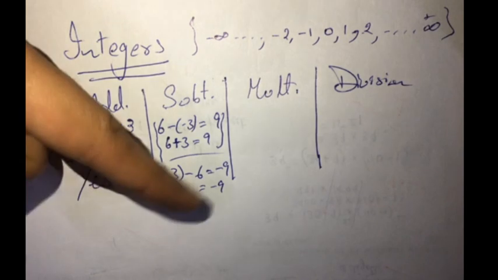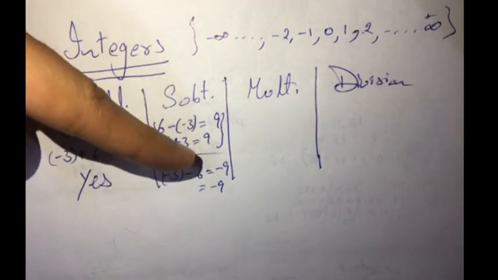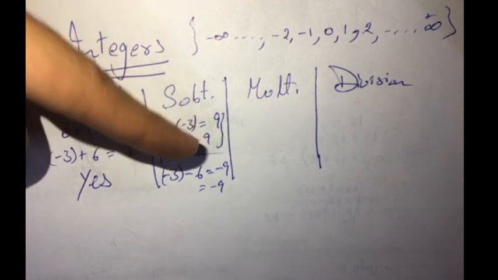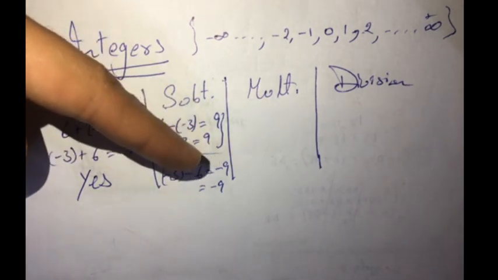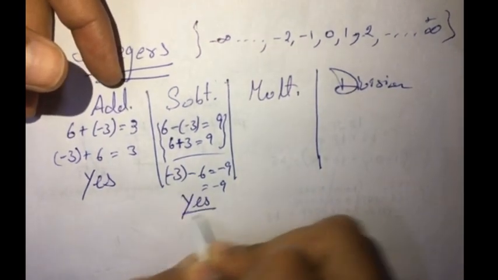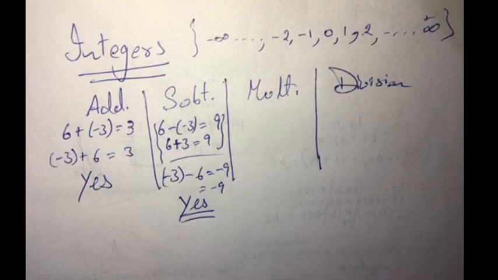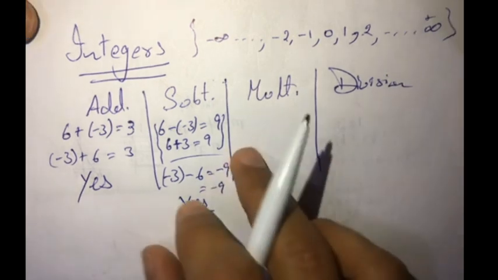So again it is also an integer, though the result is not the same. If this is an integer, this is also an integer. So yes, it works in subtraction. This is just a closure property which only requires that if you are adding integers, it will give you an integer. If you are subtracting integers, it will give you an integer.